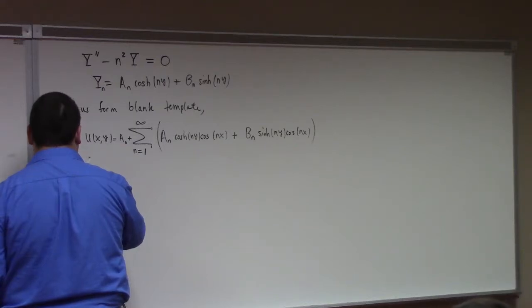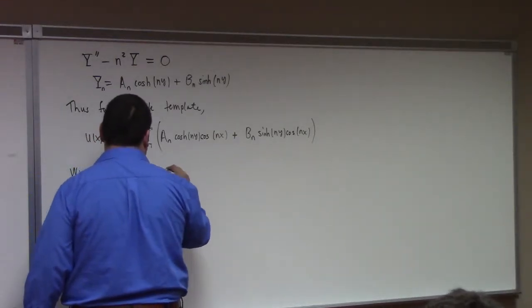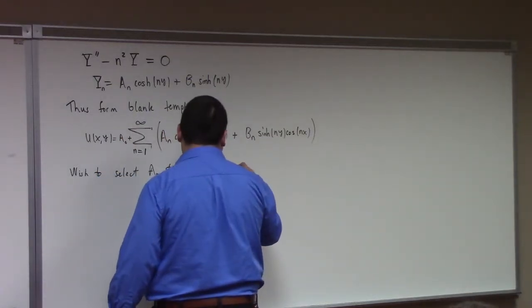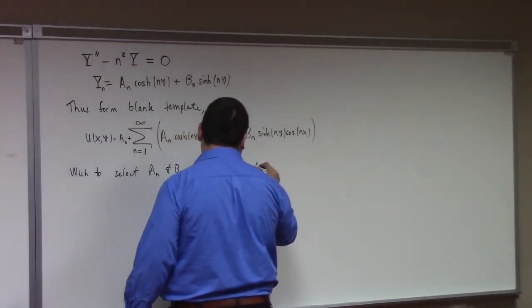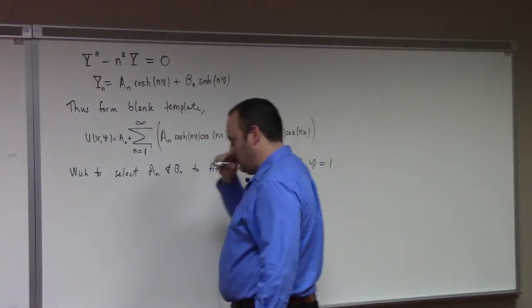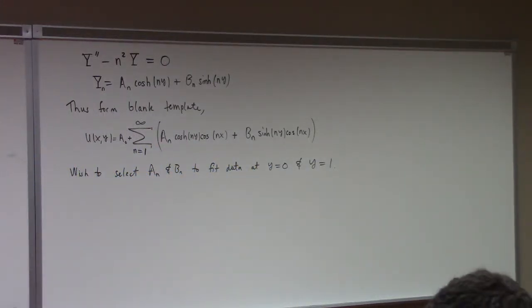So we wish to select a sub n and b sub n to fit data at y equals 0 and y equals 1. Which one do you guys want? We can do whichever one you want first. Which one do you think we should do first? I think I'm going to do the pink one first.